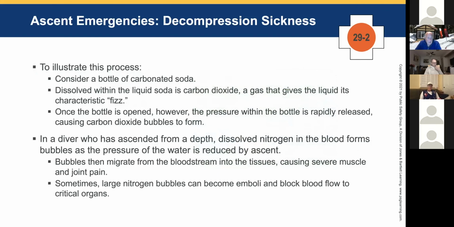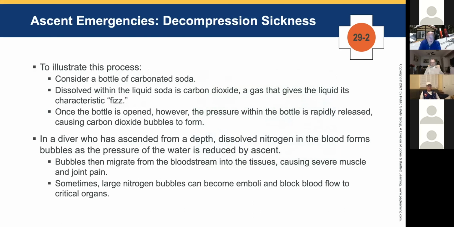They talk about, much like what I told you about the bottle, the balloon with the air, consider a bottle of carbonated soda. The fizz is dissolved in the liquid soda. You take the lid off, the pressure in the bottle is released, causing the carbon dioxide bubbles to form.